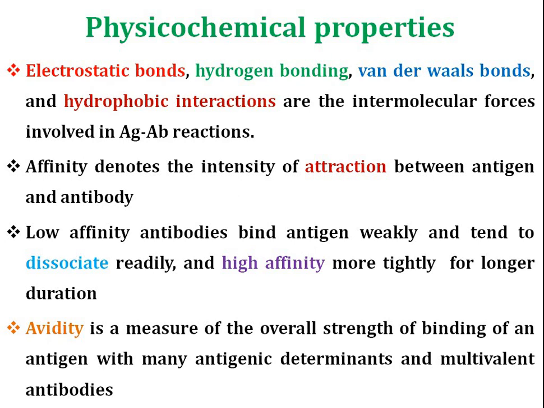With a low affinity interaction, the antigen antibody complex may dissociate within a short period. But if the antigen antibody binds with high affinity, it is stable for longer duration. Then avidity is the overall strength of binding of an antigen with many antigenic determinants and multivalent antibodies.